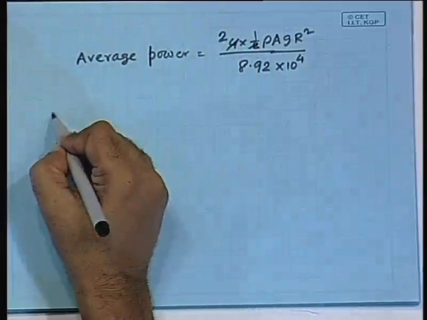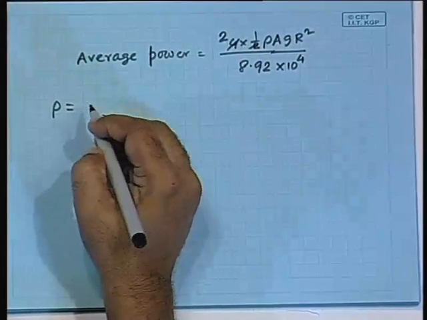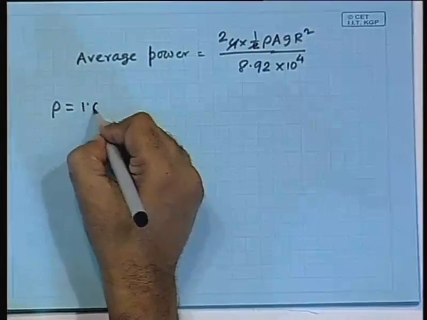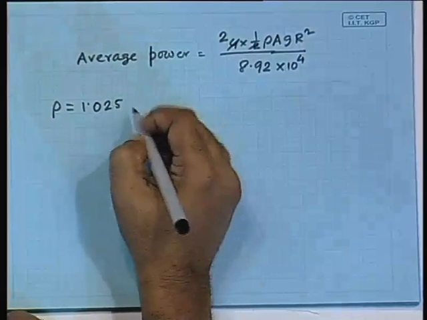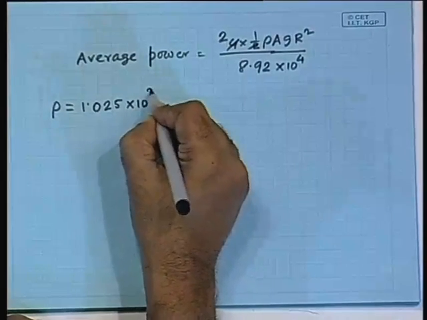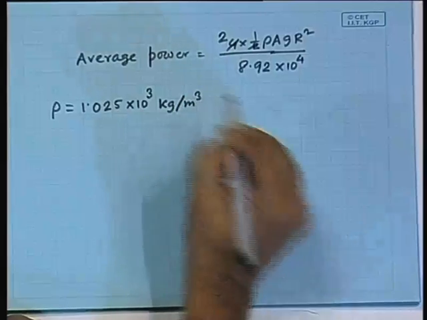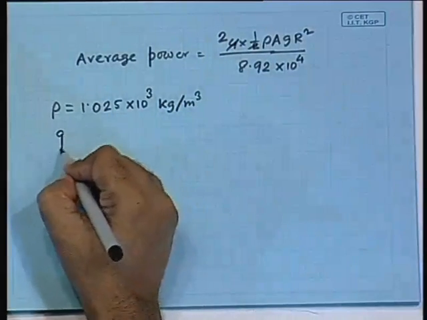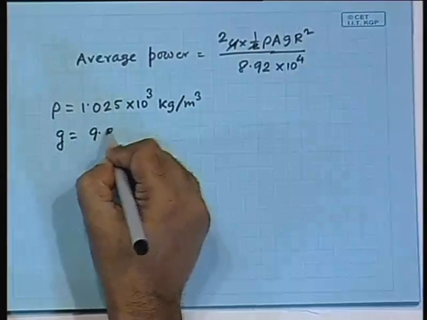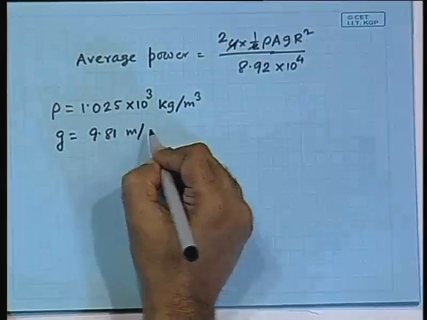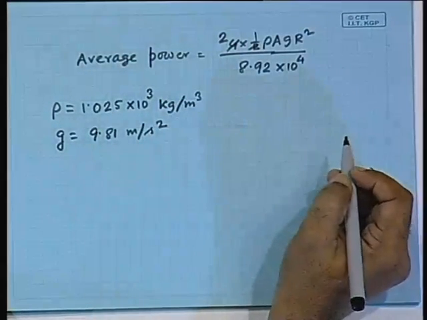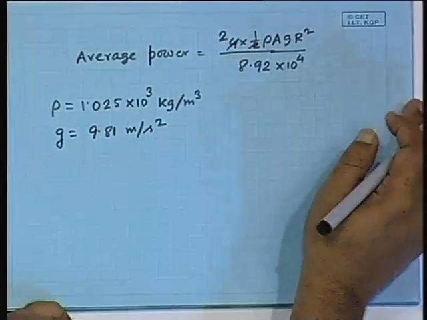Rho is approximately 1.025 into 10 to the power 3 kg per meter cube. G is, you know, these are known.